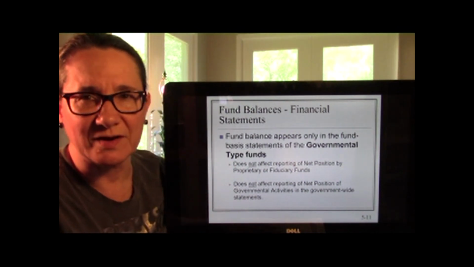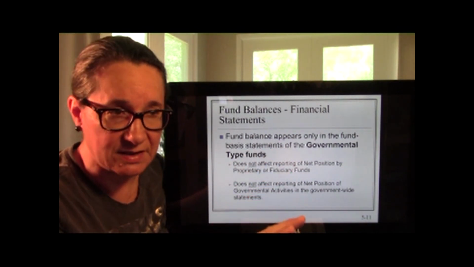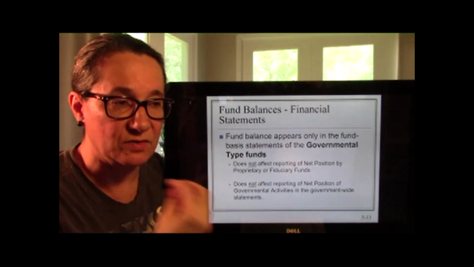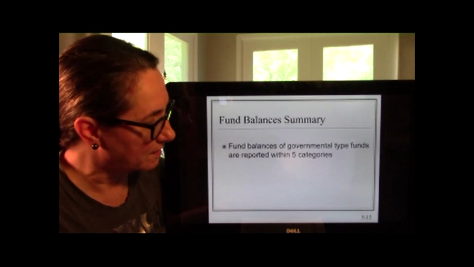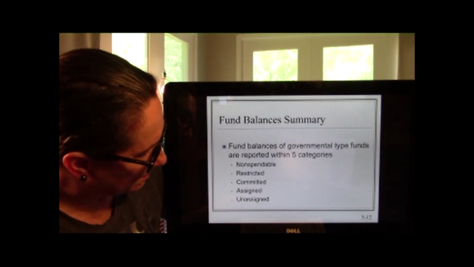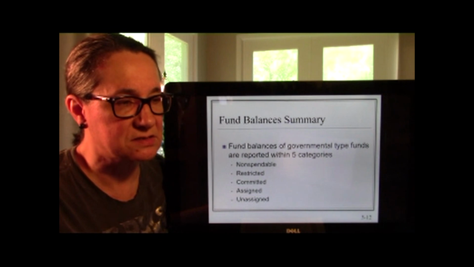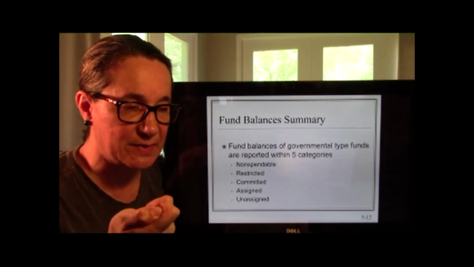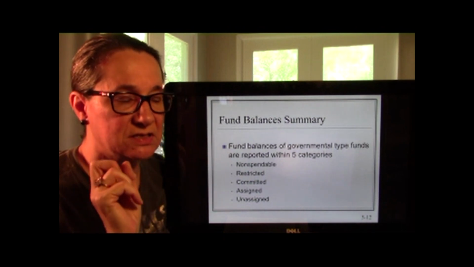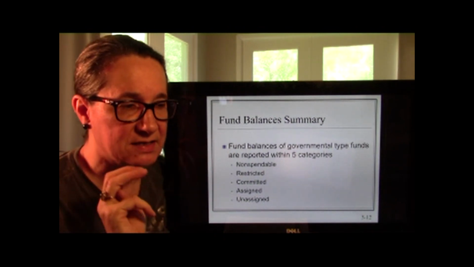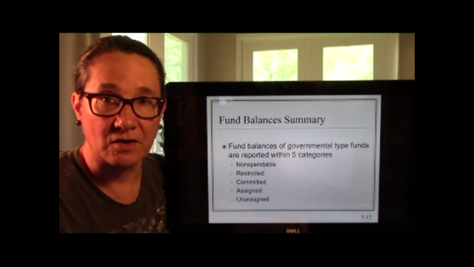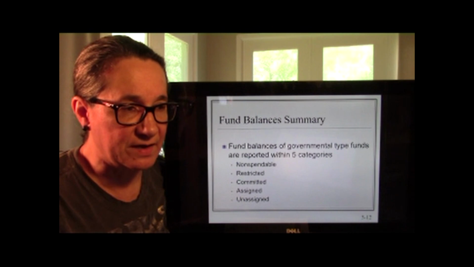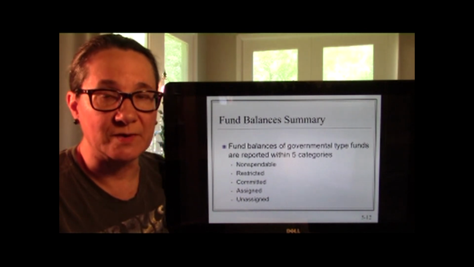It's only government, so everything we're talking about today in this chapter is applying to governmental funds, all right? Now, there's 5 categories, as you might have noticed on page 33 down at the bottom. They're called non-spendable, restricted, committed, assigned, and unassigned. All right, so let's talk about the 5 fund balances when we come back.